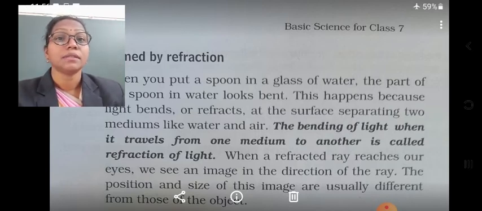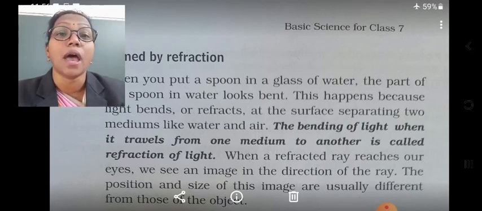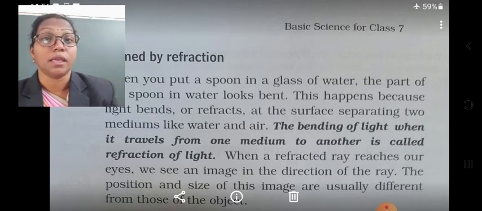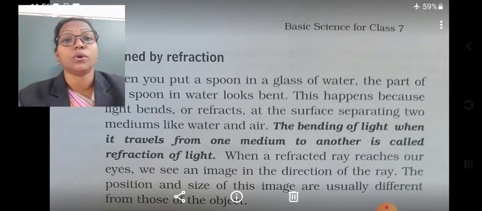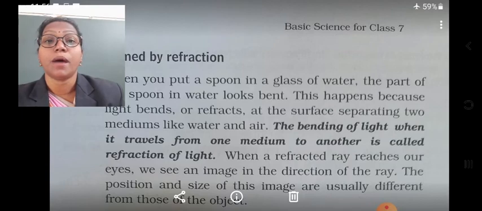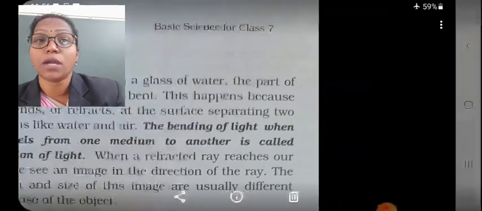From the glass, they travel through air and reach our eyes. So a lot of refraction happens, and we see an enlarged image of our palm when we keep our palm at the other side of a glass filled with water.